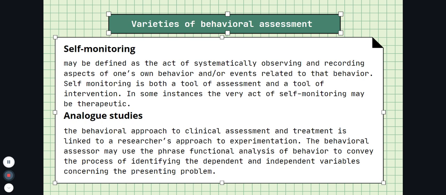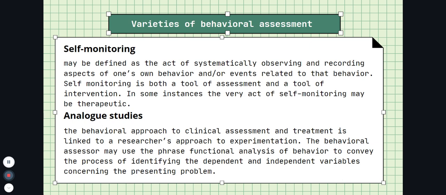And then the independent variable would be the factors that are affecting the behavior or the problem of the client. So the behavioral assessor may use the phrase functional analysis of behavior to convey the process of identifying the dependent and independent variables concerning the presenting problem.